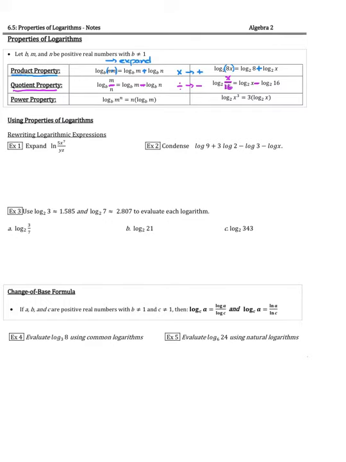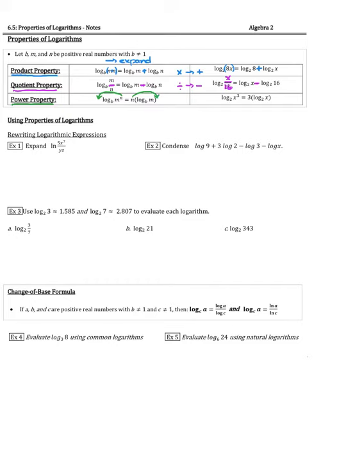Our last property here is called the power property. And this is where you can take this m raised to an exponent of n. That n can travel down in front, or sometimes it's also necessary for that n as a coefficient to travel upstairs as an exponent.